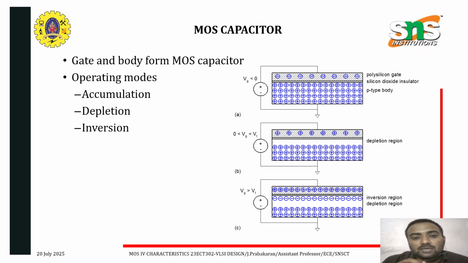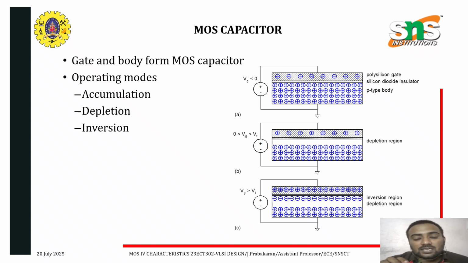The working principle of MOS capacitor is, when an input voltage VG is applied, which means the gate terminal voltage is applied, it affects the charge distribution in the semiconductor below the oxide layer, depending on the polarity and magnitude of the applied voltage.